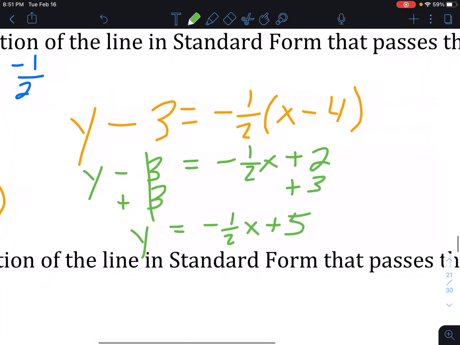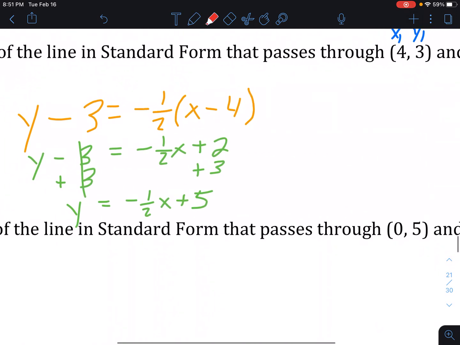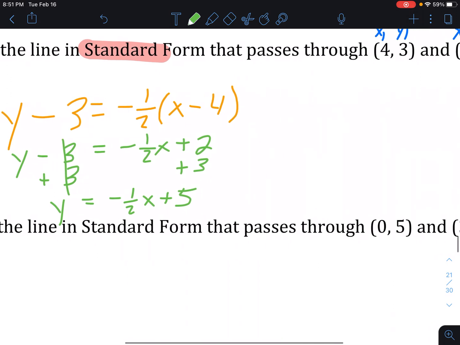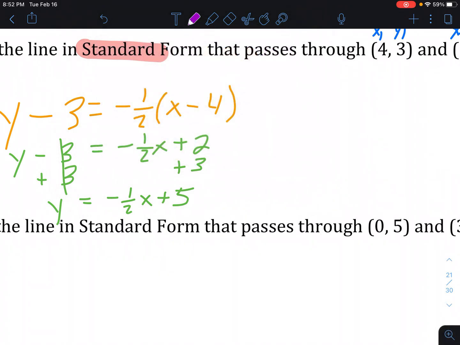Now notice this guy's in slope-intercept form. I do want to keep going here. My goal of the problem is standard form. So let's move that x term over to the left side. I'm going to move the negative 1/2 x to the left side of the equal sign, so change it to a positive.